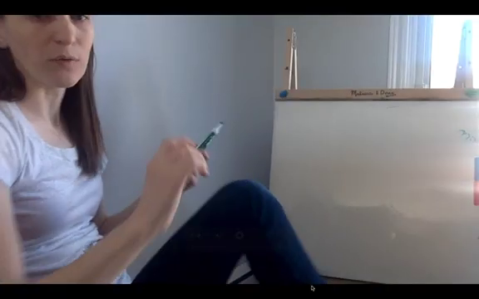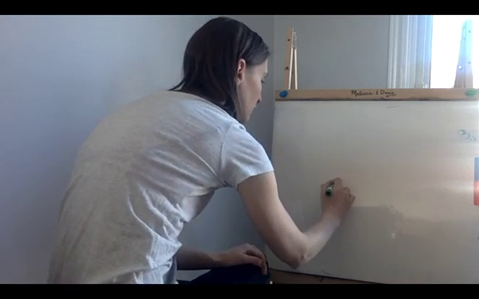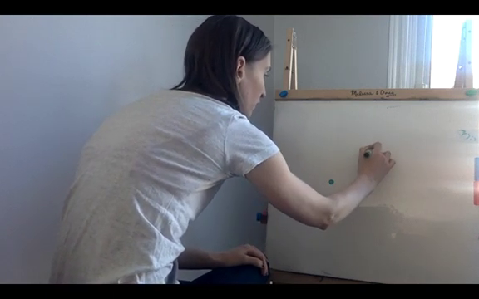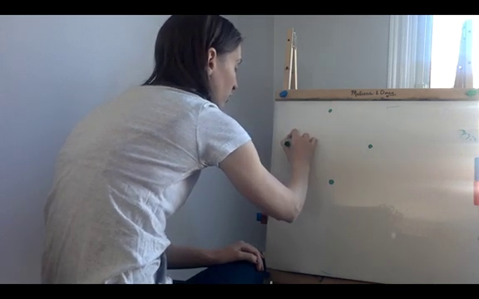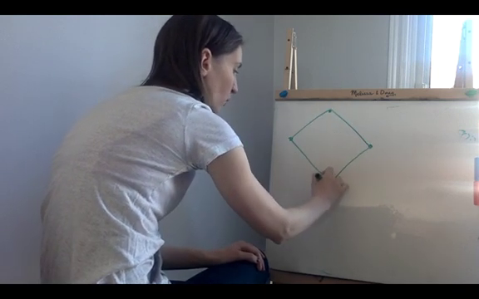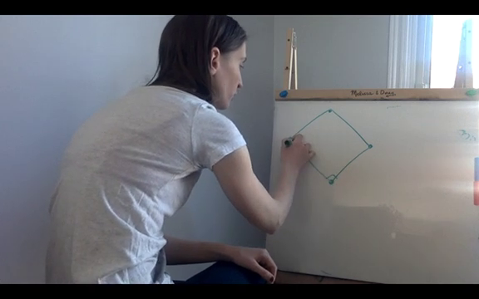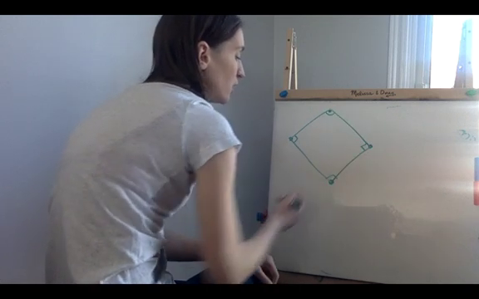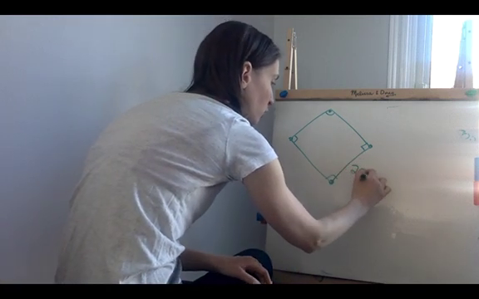So we'll start with that one, right? If we're thinking baseball, what you've got is home, first, second, third, and then back to home, right? And they're saying that this is supposed to be a square, and if it's a square, all the side lengths should be equal, and all of these should be right angles, okay? So it says that he's measured the distance from home to first, and it is in fact 20 meters.